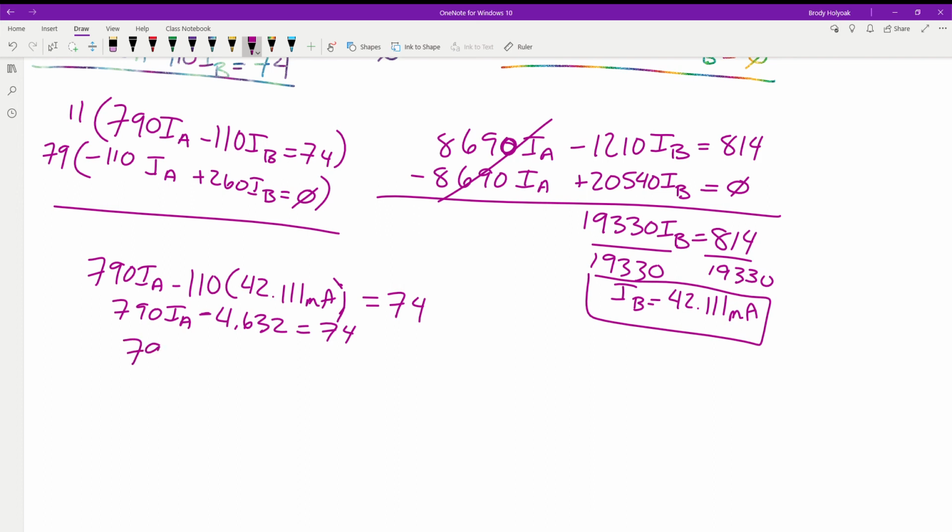We get 790 IA is equal to 78.632. We divide both sides by the 790. And IA is equal to what?